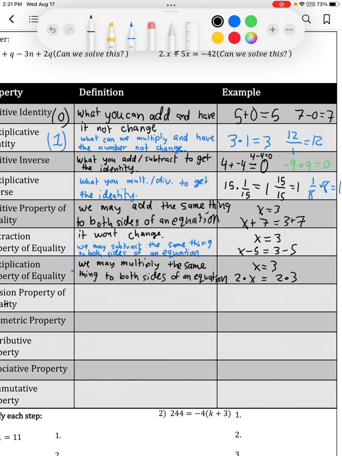I'm multiplying the same thing to both sides, and it doesn't change our answer. And once again, logic follows for division.